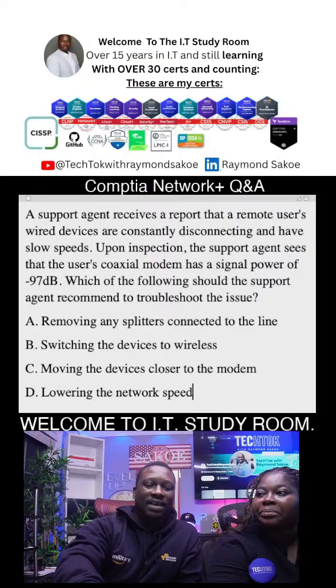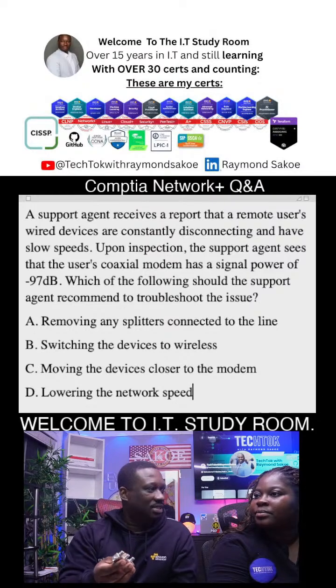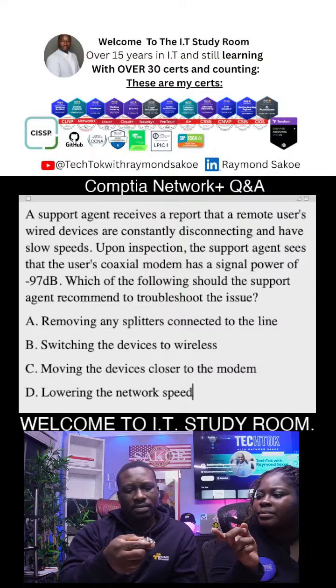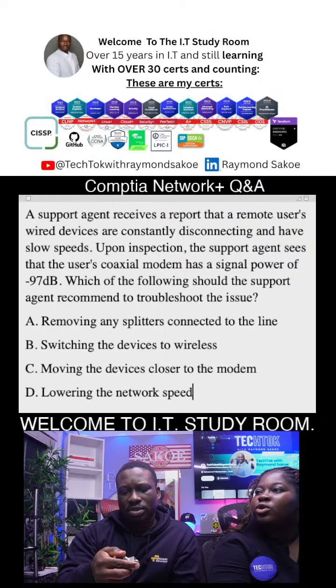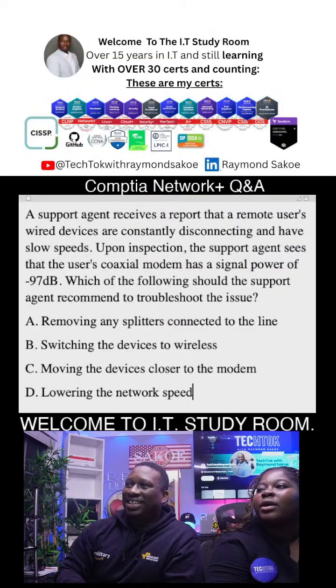So if you get cable services and you have 4 devices, you need a 4-way. This is dBm. Usually 3 and 7 dB. Okay, good.